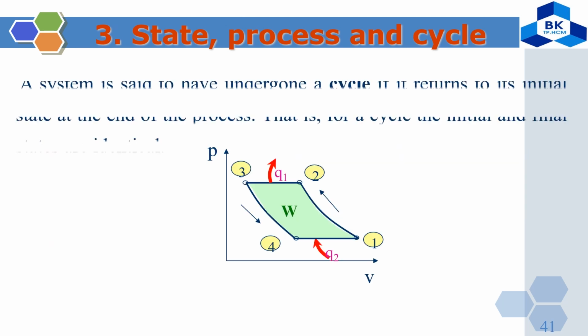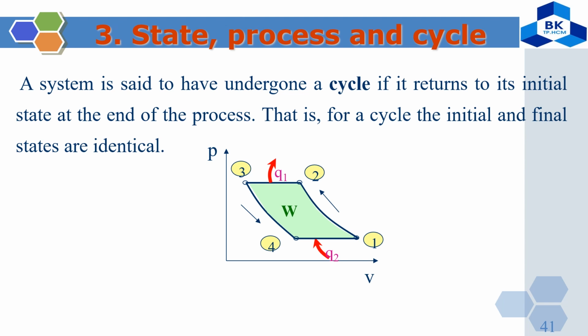The next definition is a cycle. A system is said to undergo a cycle if it returns to its initial state at the end of the process. That is, for a cycle, the initial and final states are identical.